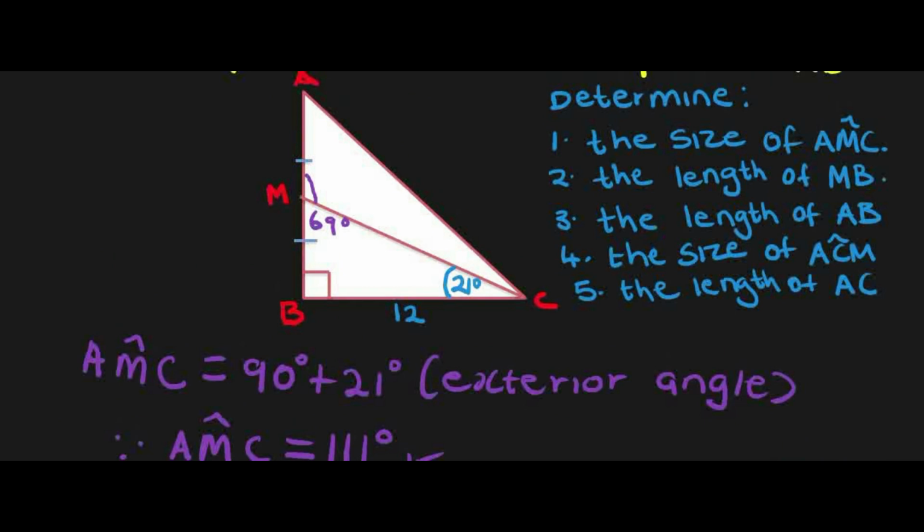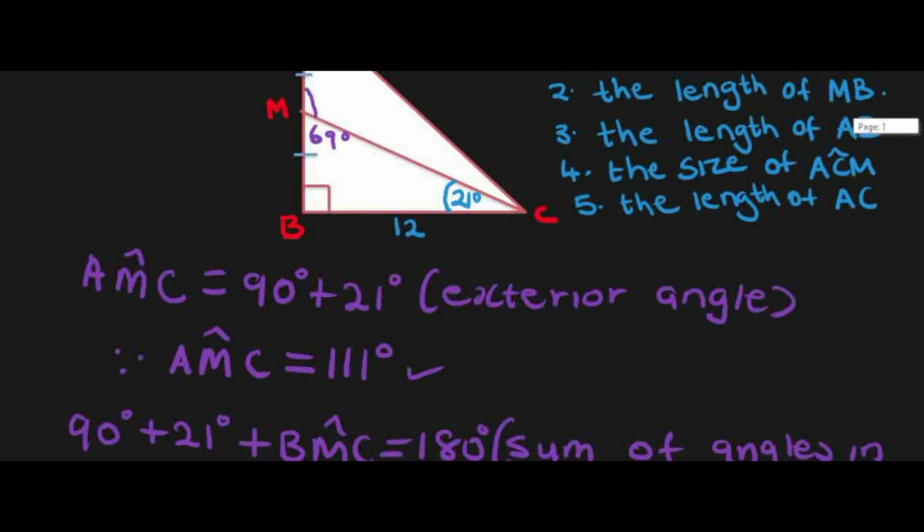Now we need to move on and do number 2. We need to calculate the length of MB. We need to calculate this length. So we are going to use this triangle BMC. This is the triangle we are going to use.